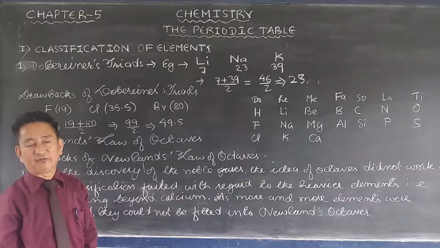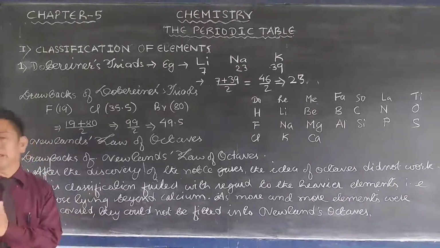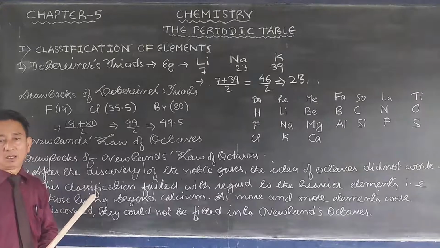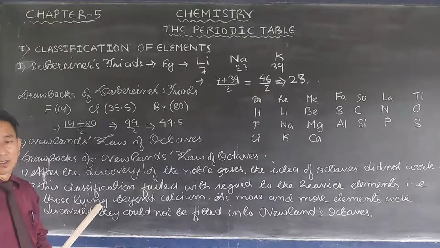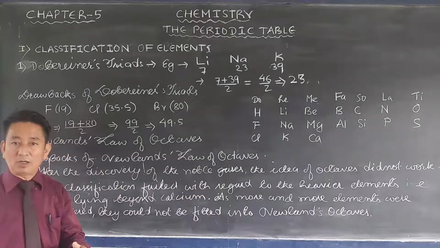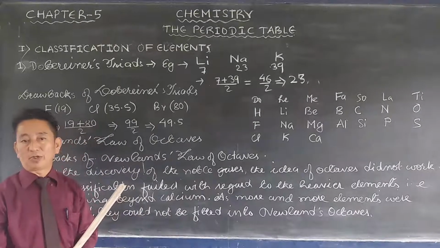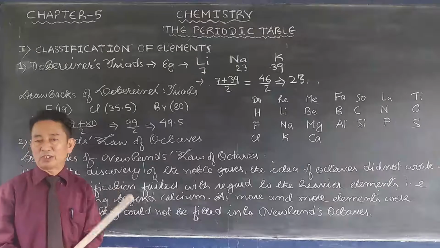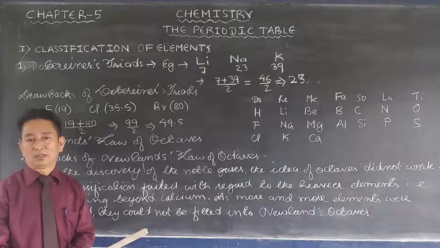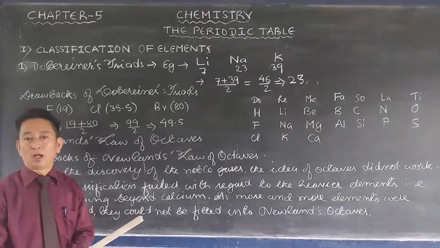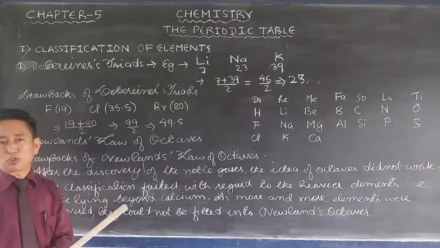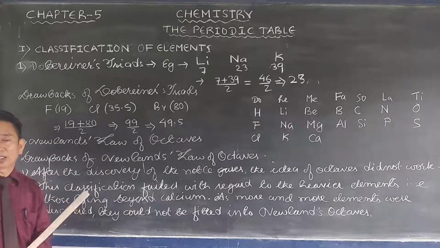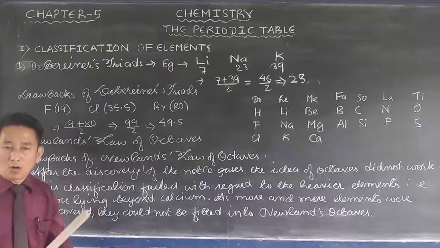In 1864, he arranged the elements in the increasing order of atomic masses, and he observed that the properties of the first element resemble the properties of the eighth element, since there is a repetition in the properties of elements, just like the repetition in the octave notes of music. It came to be known as the law of octaves.